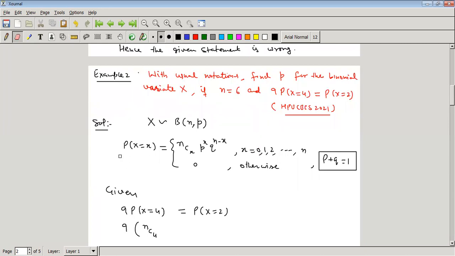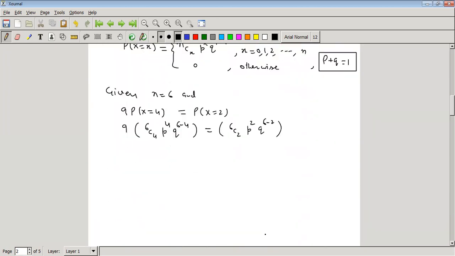So I can write, 9 times 6C4 p to the power 4 q to the power 6 minus 4 is equal to 6C2 p to the power 2 q to the power 6 minus 2.